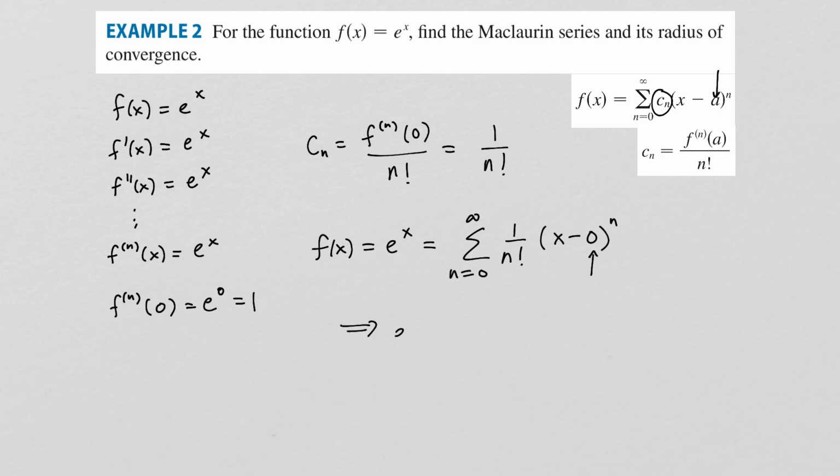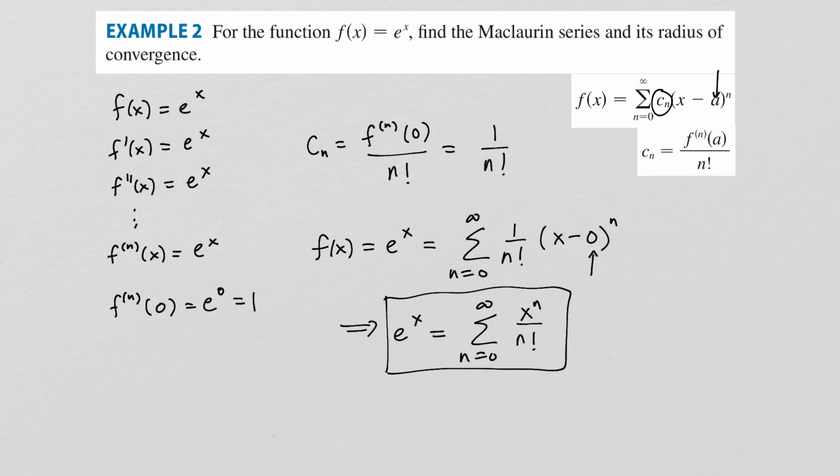And this gives us e to the x equals the sum, n equals 0 to infinity, of x to the n divided by n factorial. And this is the power series for the function e to the x, also known as its Maclaurin series or its Taylor series.